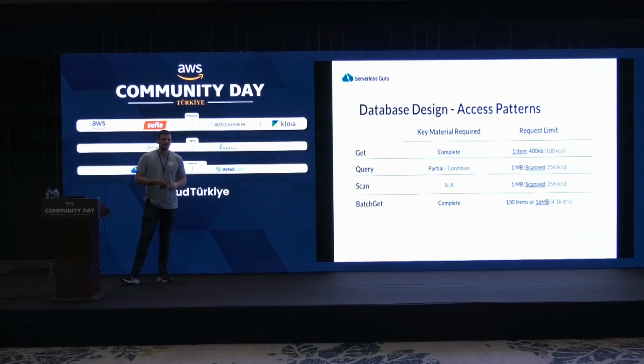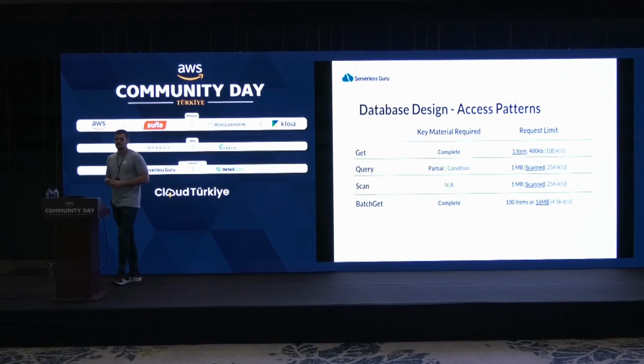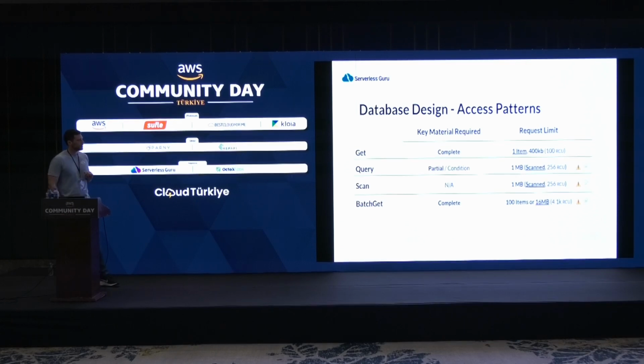It only means that the 1 megabyte that was scanned by DynamoDB doesn't contain a record matching that. That means that for those two, we'll need to implement pagination. That way, we will ensure that DynamoDB has actually processed everything that we need.